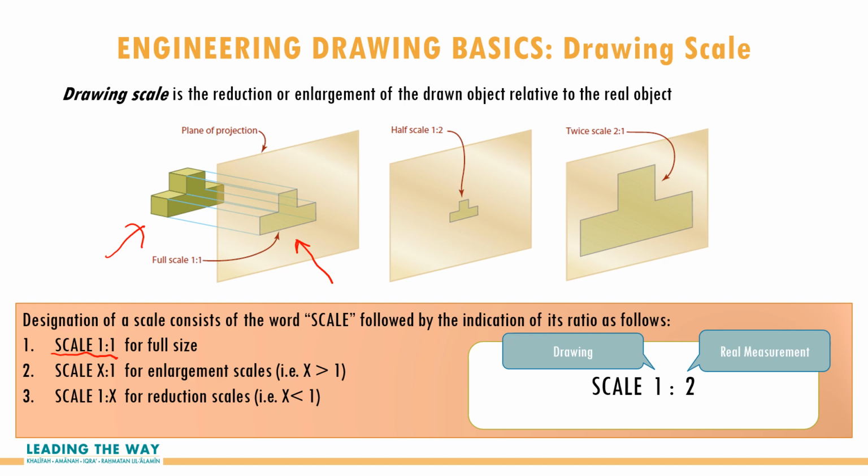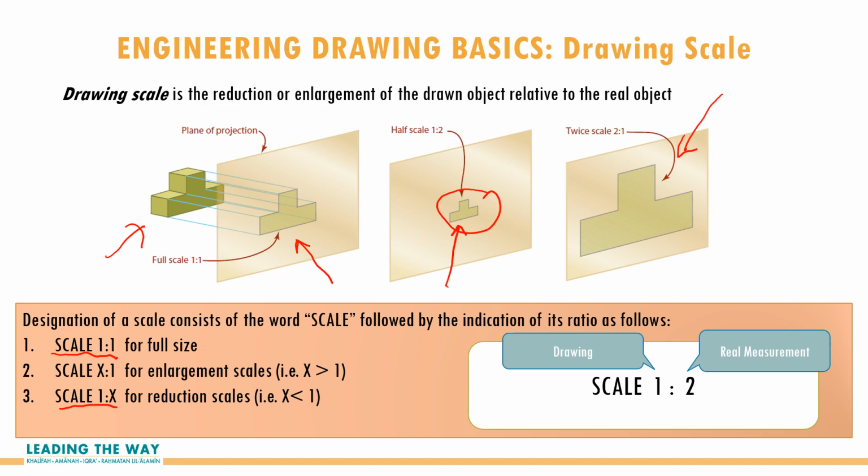Now we go for the second one. When you see that the scale is 1:2, what happens is the drawing is being reduced to half. The drawing becomes smaller. Then the next one is the enlargement scale, which is where the scale of the drawing is double the actual product.